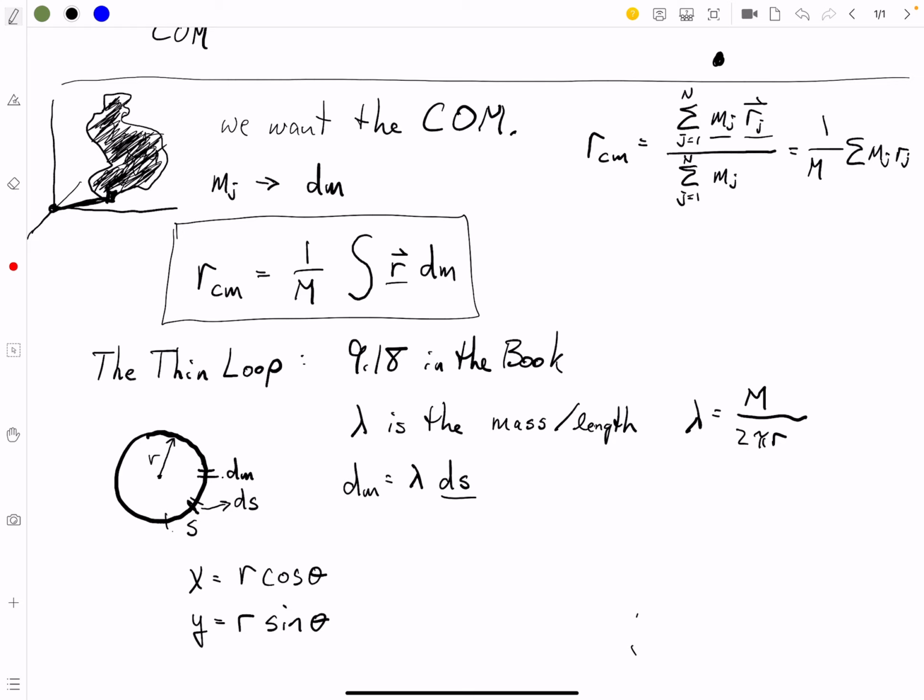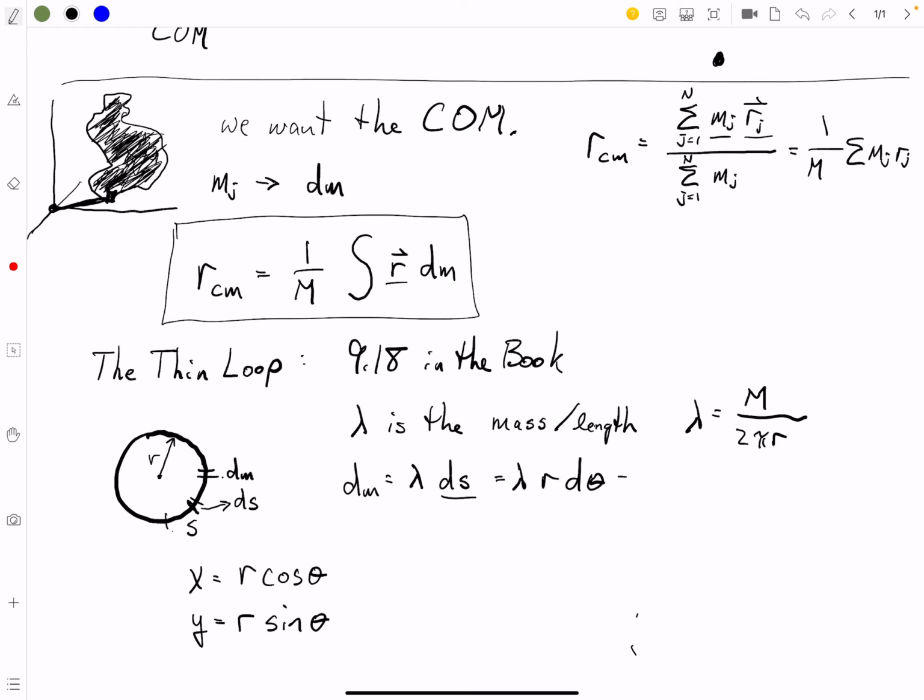So we're going to take that and we're going to end up saying, okay, we've got ds is equal to r d theta, which means dm is equal to lambda r d theta.